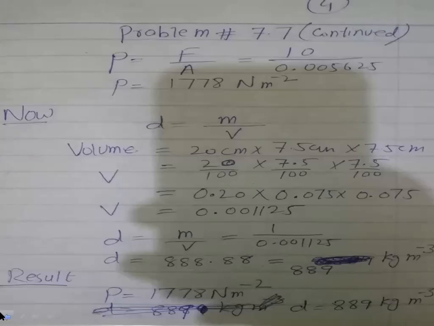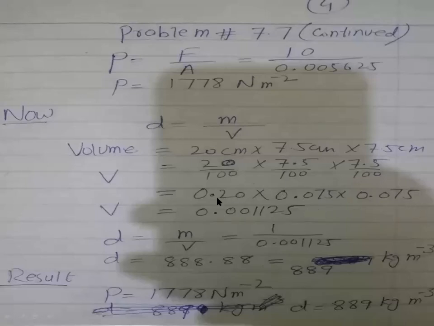First of all, centimeter is converted into meter, because the unit of volume is meter cube, which is the SI unit. So 20 divided by 100 is 0.20, 7.5 divided by 100 is 0.075, and 7.5 divided by 100 is 0.075.